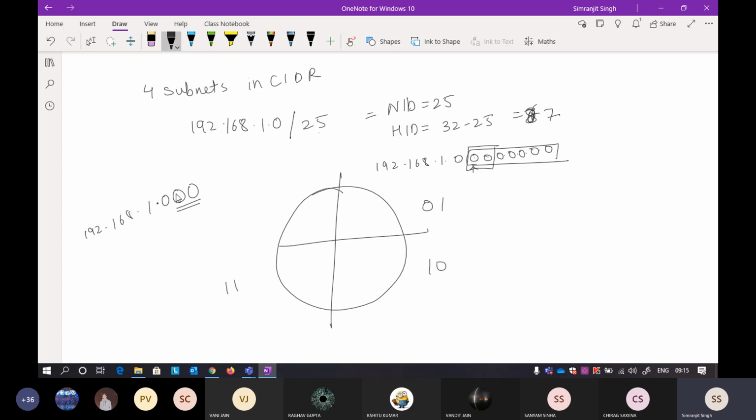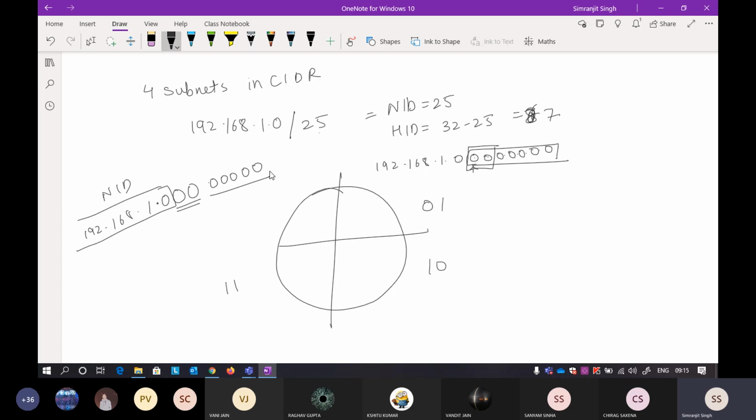This is your network ID part, keep in mind, I cannot do anything about it. This is your host ID part. From here I have fixed it and start with it. So you will get 5 bits here, 1, 2, 3, 4, 5.